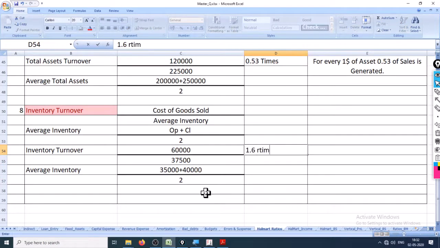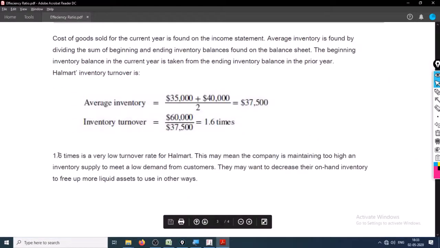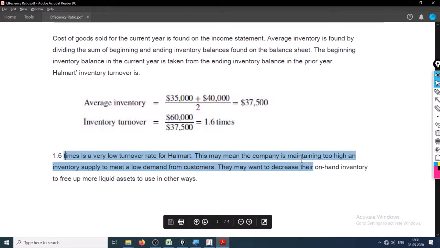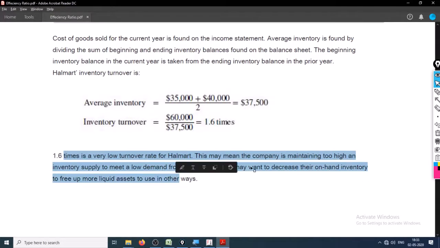So is it good or is it bad? 1.6 times is a very low turnover rate for Hallmark. This may mean that the company is maintaining too high an inventory supply to meet a low demand from customers.